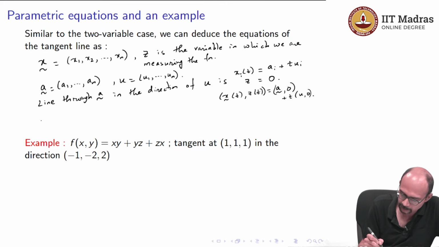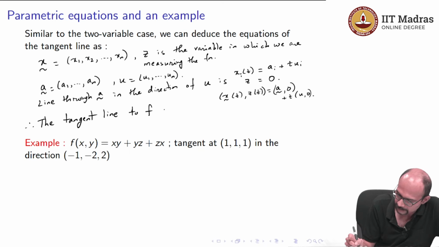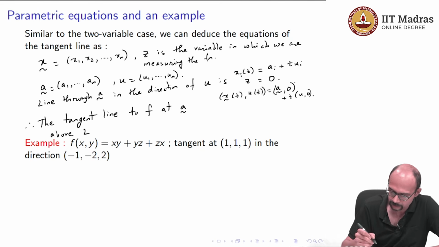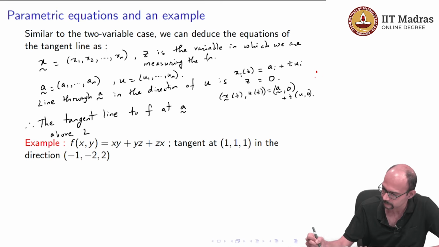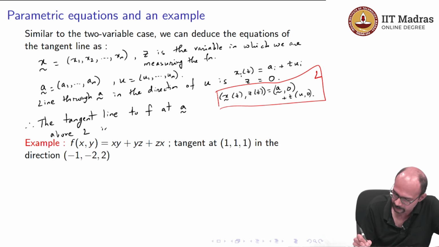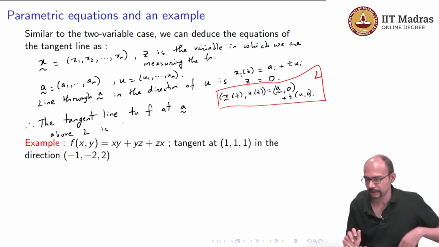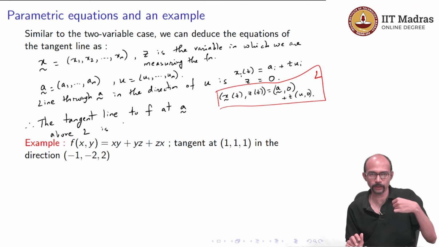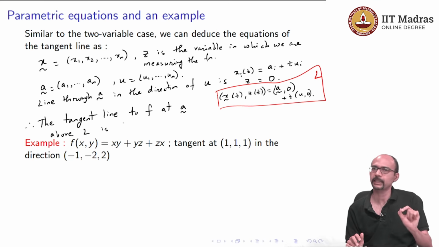And once again what that means is, therefore, the tangent line to f at a tilde above L. If I call this line L, then above L, the first n coordinates remain the same, and then for z we know how much it jumps. So, if the first n coordinates move by a unit vector, then z moves by f_u. This is exactly what we mean by rate of change.